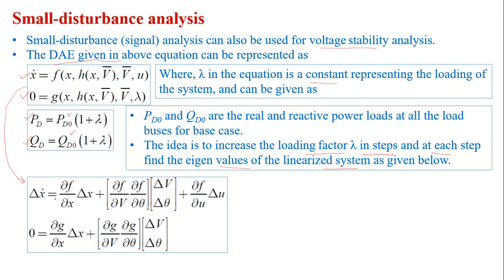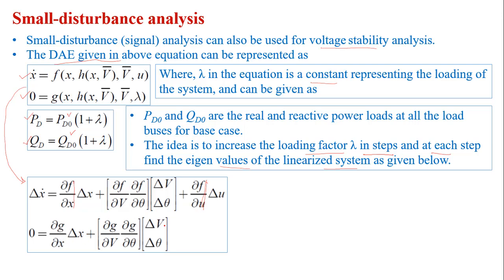So delta x dot is equal to delta f by delta x into delta x, plus this matrix, delta f by delta v, delta f by delta theta, multiplied with delta v, delta theta, then plus delta f by delta u into delta u. These are evaluated at some equilibrium points.